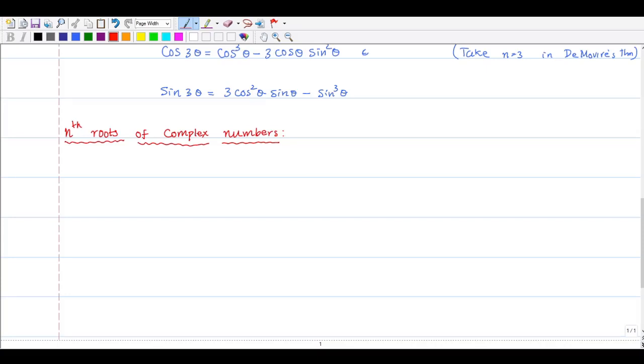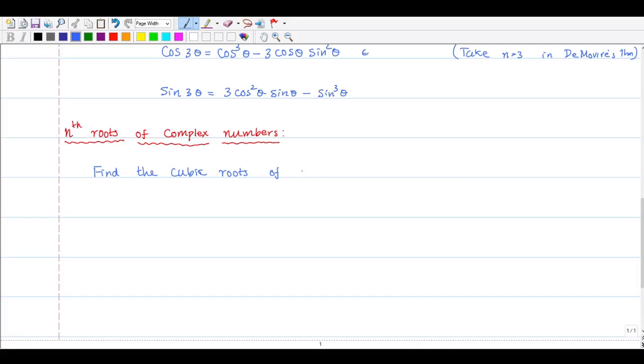Now the problem: find the cubic roots of the complex number root 2 plus i root 2.